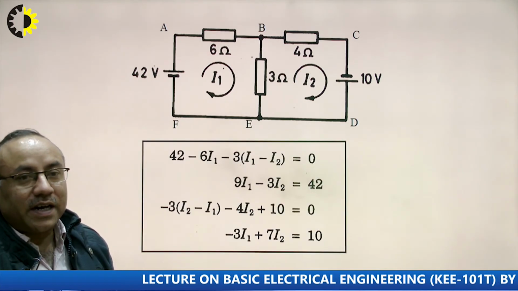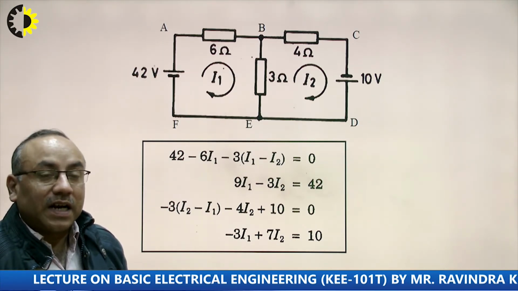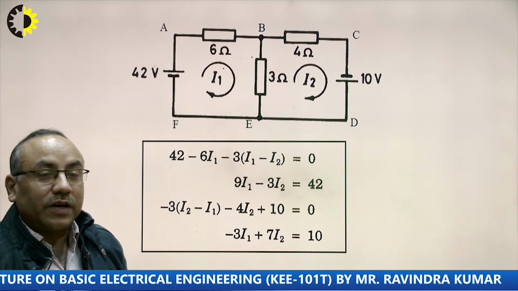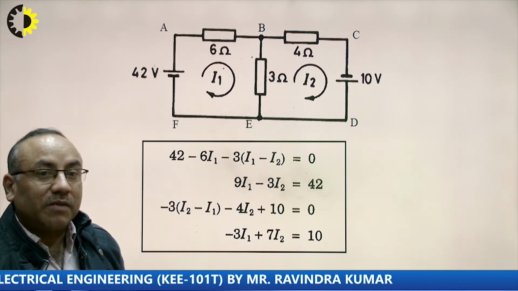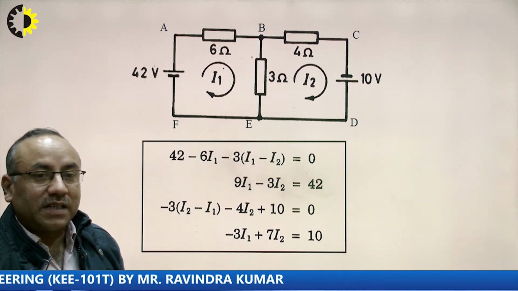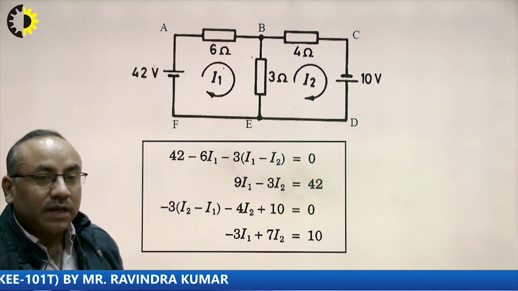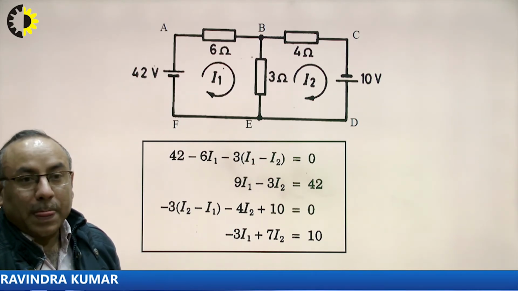For mesh number 1, the equation is 42 minus 6 I1 minus 3 (I1 minus I2) equal to 0, or on simplification, 9 I1 minus 3 I2 equal to 42.